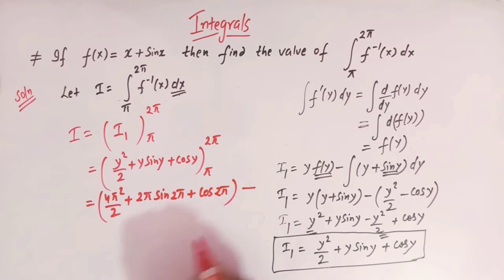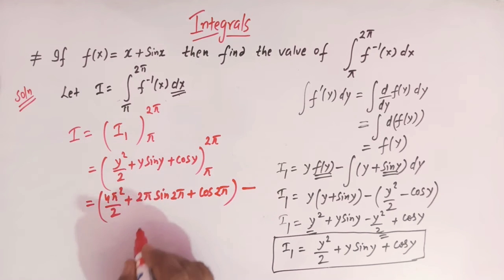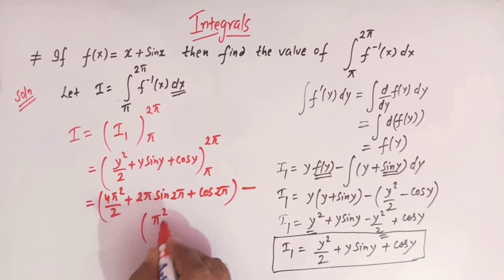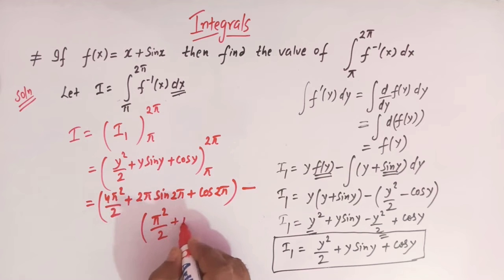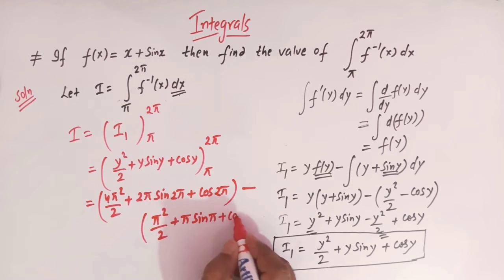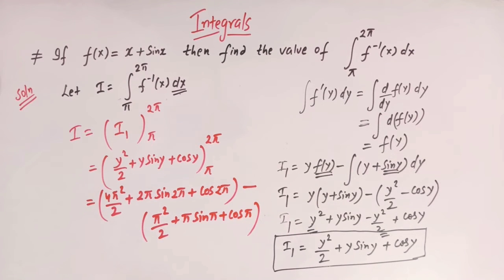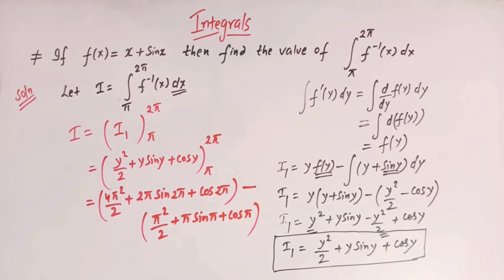And minus, when we'll take y is equal to pi here, we'll get pi square over 2 plus pi sine pi plus cos of pi, right? So now we have to evaluate this expression and this expression, and we'll take the difference.